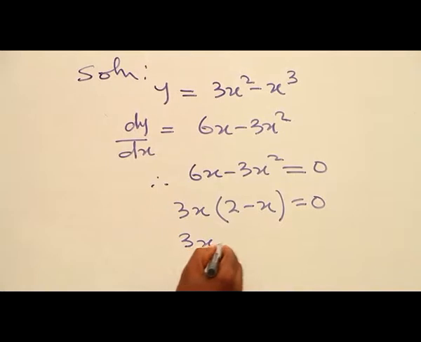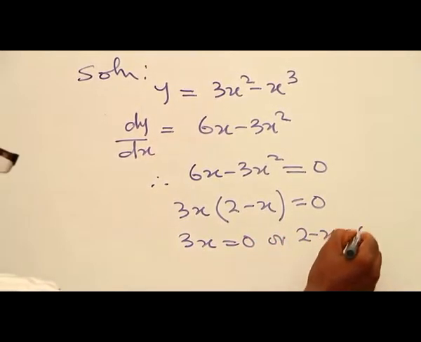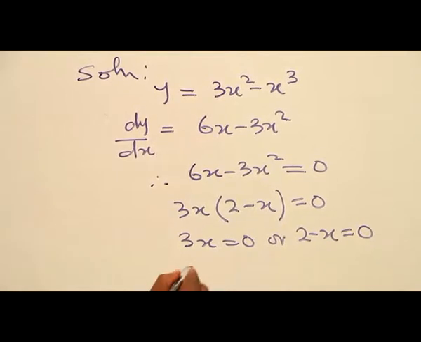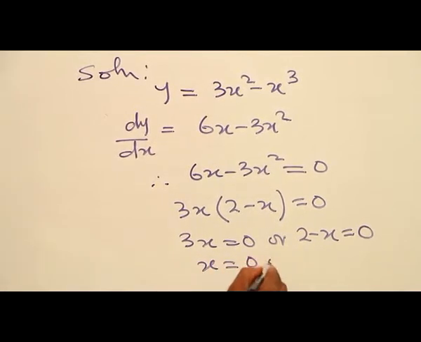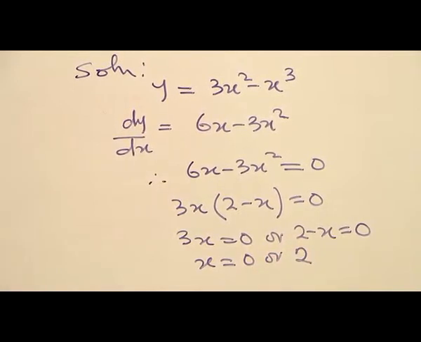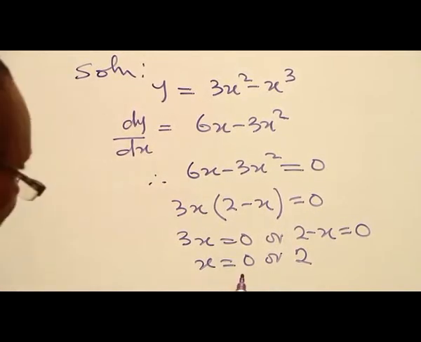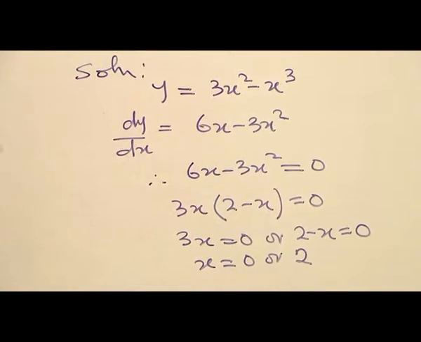So that 3s is equal to 0, or 2 minus s is equal to 0. Here, s equal to 0, or s is equal to 2. So we have 2 points: the point where s is equal to 0, and the point where s is equal to 2. Which of them is a maximum point? Which of them is a minimum point?